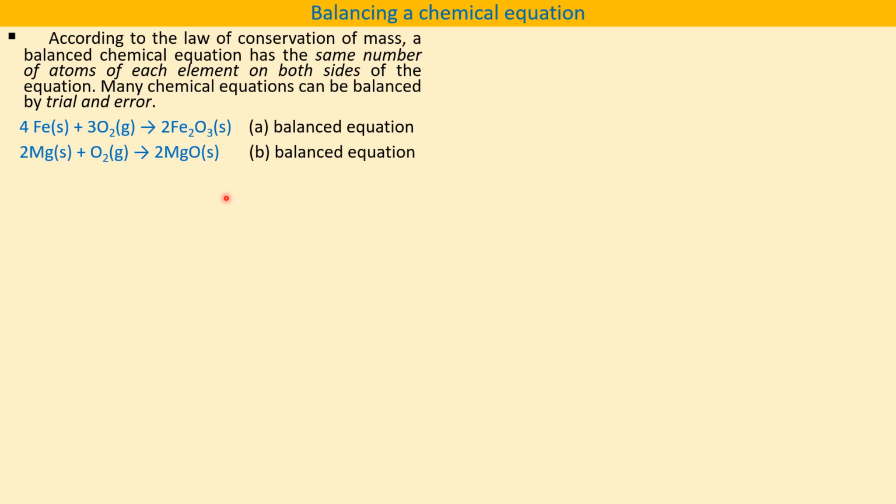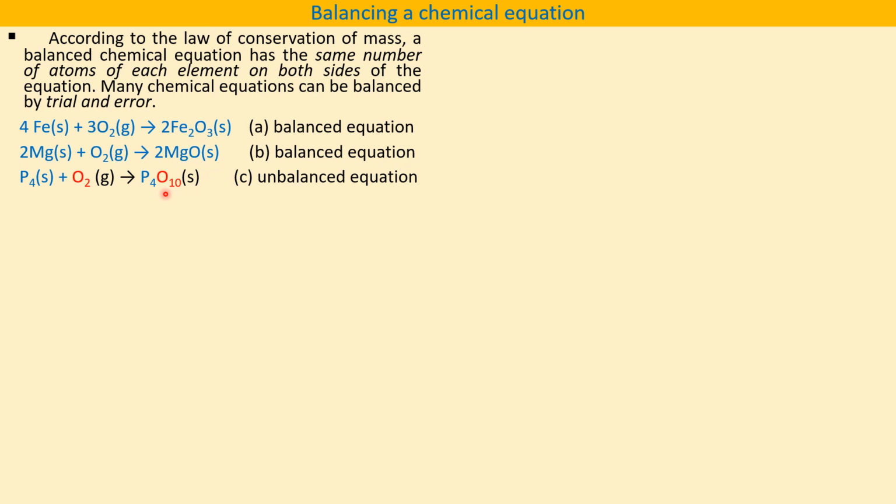Now we will consider another unbalanced equation. Here phosphorus atoms are balanced but not the oxygen atoms. P is the symbol of phosphorus, P4 on the left side and P4 on the right hand side, so phosphorus is balanced. Whereas oxygen has 2 atoms on the left hand side, and 10 oxygen atoms on the right hand side. Hence it is not balanced.